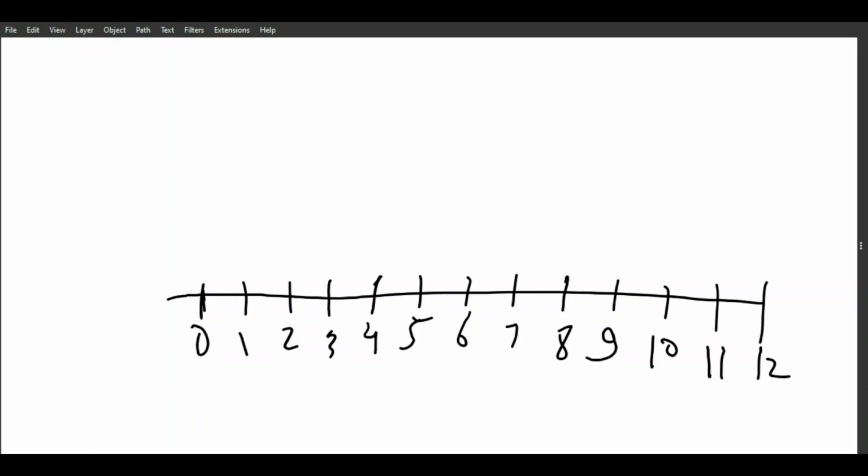First we can take an interval from 1 to 3, like this. Another from 0 to 2 we can take, like this. We can make this larger, just make it of length 3.